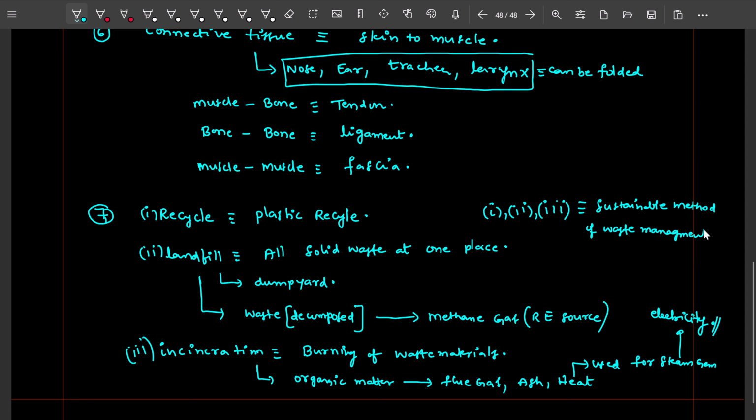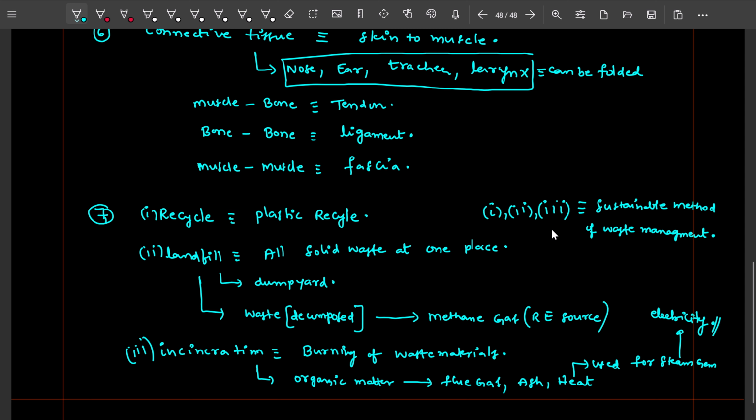This plastic is again converted into usable plastic by recycling. In landfill, we get methane gas, which is a renewable energy source. And in the incineration method, the end product is electricity. So these three are sustainable methods. Sustaining means anything that is useful.